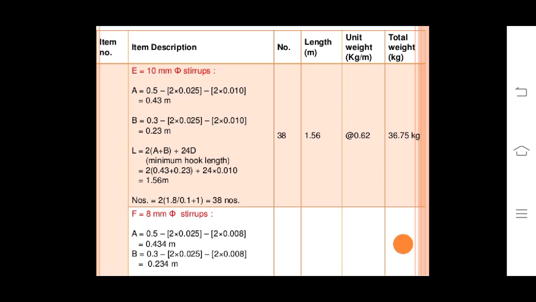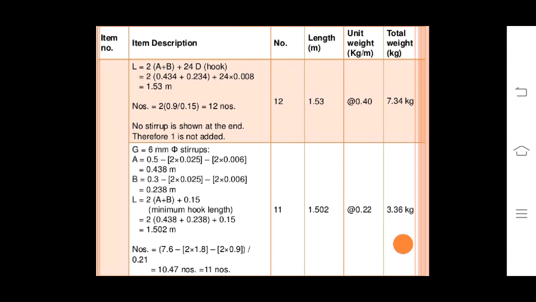Now the next diameter of bar used for the beam is 8 Ø stirrups. A is equal to 0.5 minus 2 times cover from both sides and minus 2 times bar diameter from both sides, and it is equal to 0.434, and B is 0.234. Now by calculating the number of bars similarly as in the earlier stirrup case, the total number of stirrups required is 12.